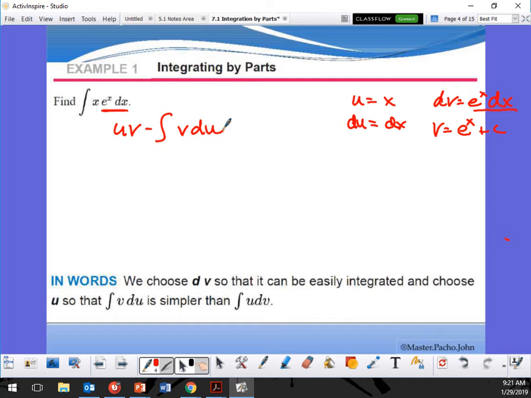All right, so you ready? For this piece right here, what is my u?